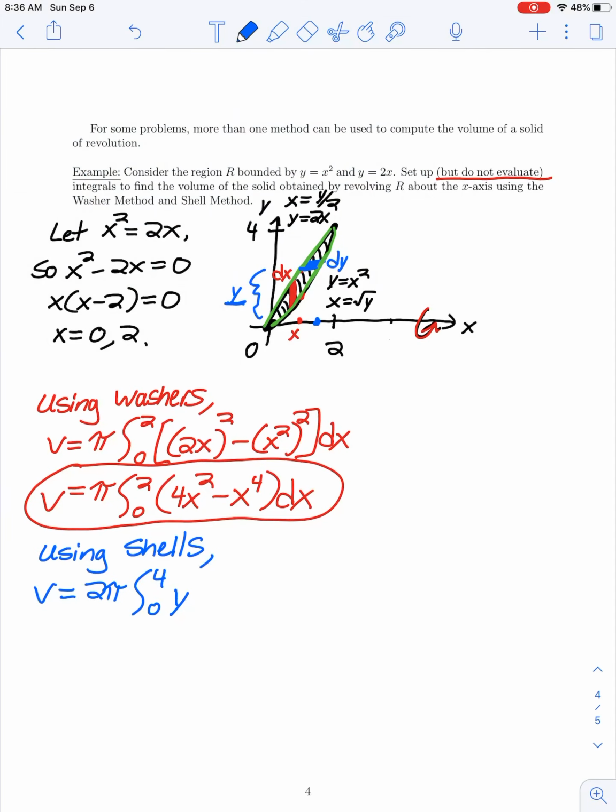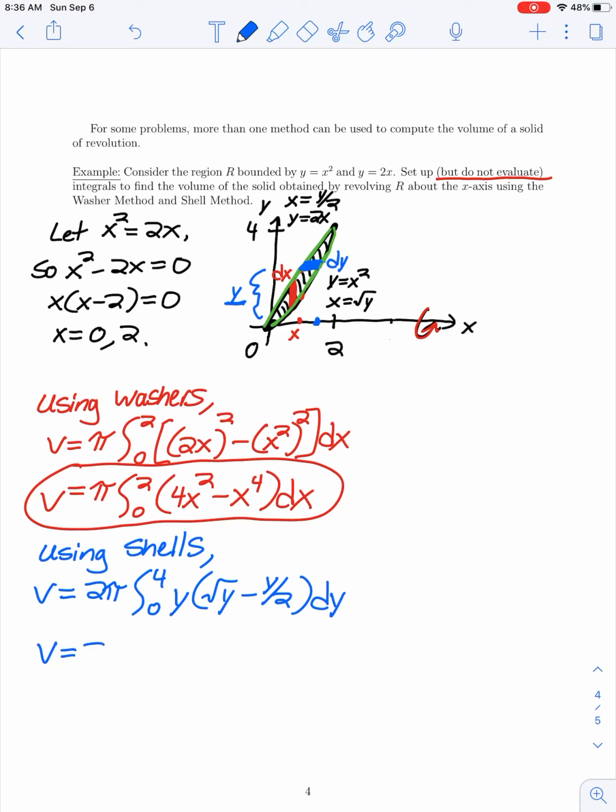So the length along this little blue slice, which would be the height of our cylinder, is given by the equation for the rightmost curve, which was x equals the square root of y, minus the equation for the leftmost curve, which was x equals y over 2, and then we're multiplying by the thickness of our cylinder, which was dy.